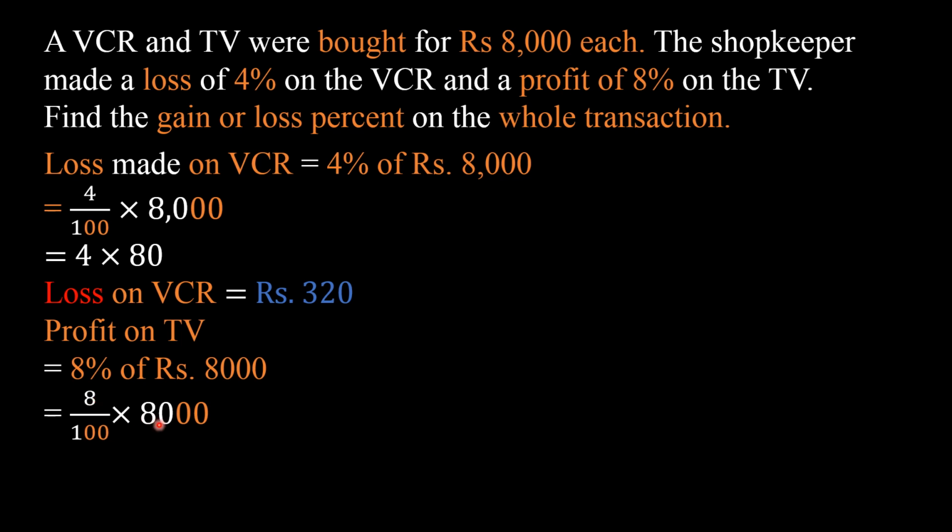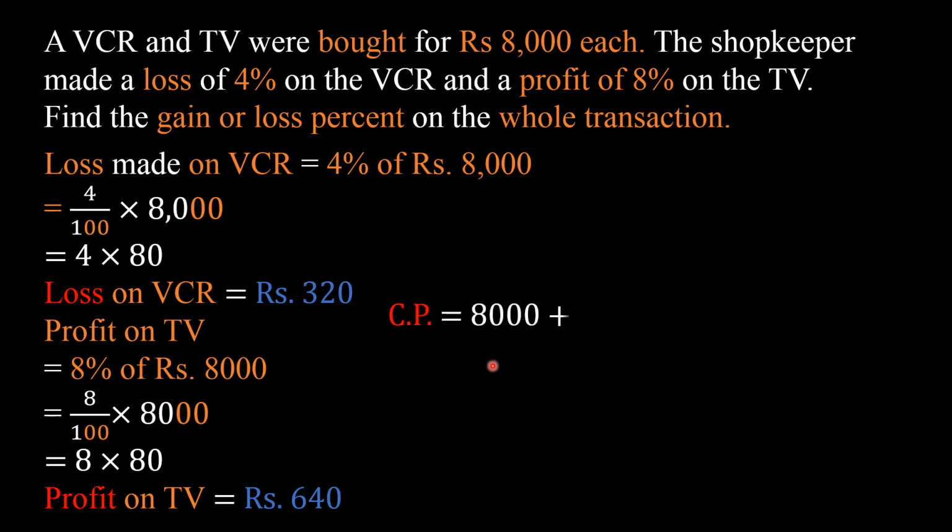It will be 8 multiplied by 80. So the profit on TV will be rupees 640. Now the cost price of VCR and TV will be 8,000 plus 8,000, because each one of them costs rupees 8,000. So it will be rupees 16,000.